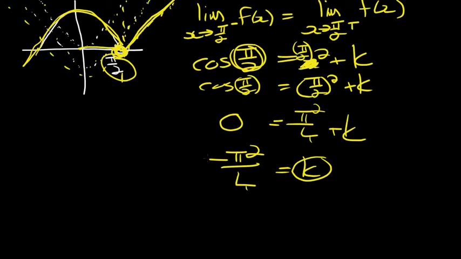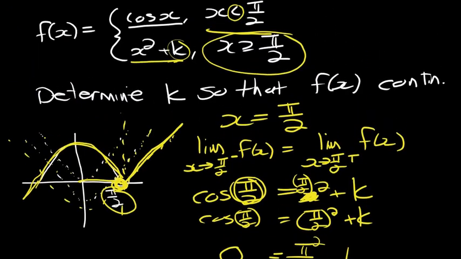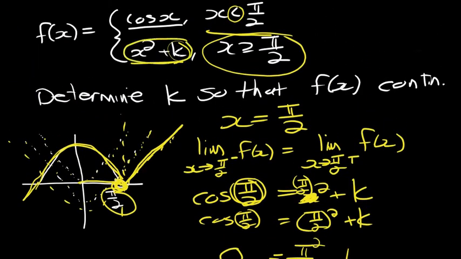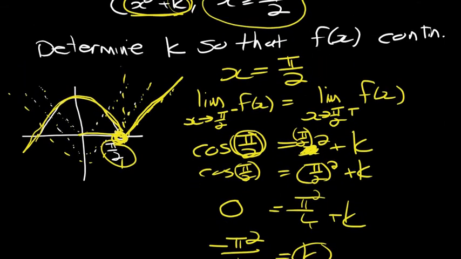So when k is minus pi squared over 4, then we know this graph will be continuous, because then this section is x squared plus minus pi squared over 4 and will lie there, and it will then cause this piecewise function to be continuous.